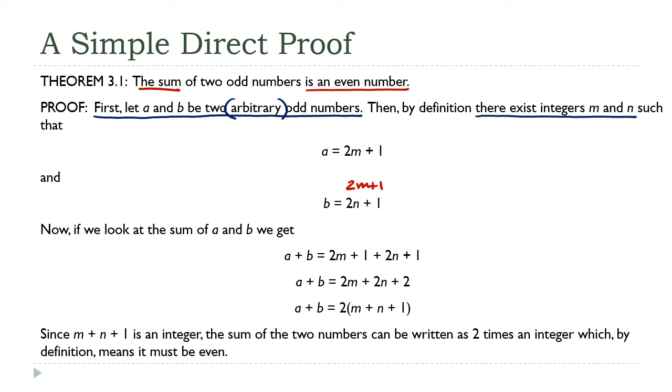So I know that in the end, I need to show that the sum is equal to 2 times some integer. And finally, to bridge the gap between the premises and the conclusion, I looked at the sum of the two numbers, a and b, and then I used some algebra to show that the sum has that property that the definition said I needed for that sum to qualify as even.